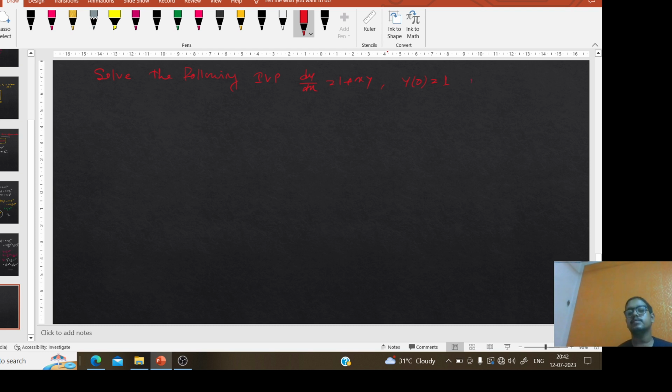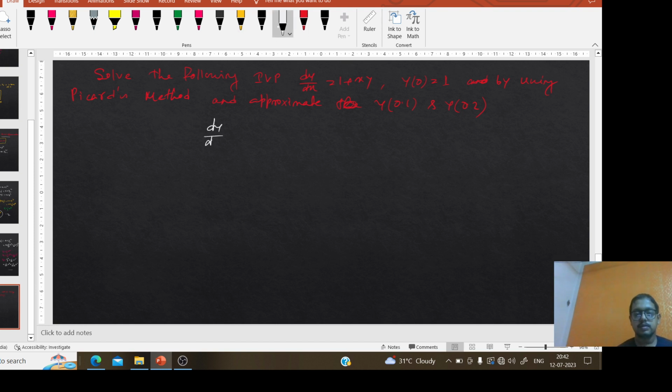And solve this one by using Picard's method, and approximate the value, approximate y of 0.1 and y of 0.2. So we have to solve this one.